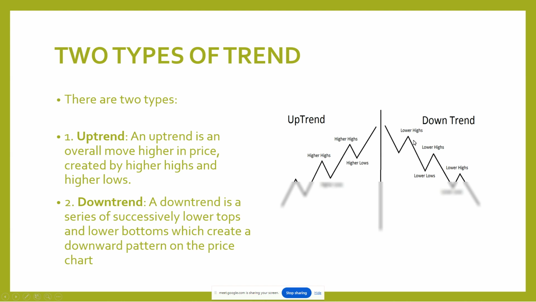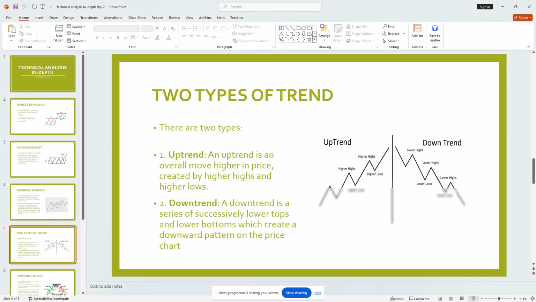And for a downtrend, the market will be forming lower highs, because the new high will be lower than the previous high. So lower high, lower low, lower high, lower low.